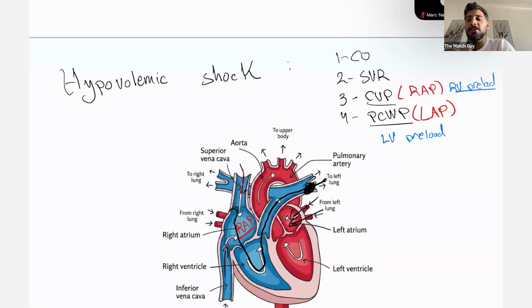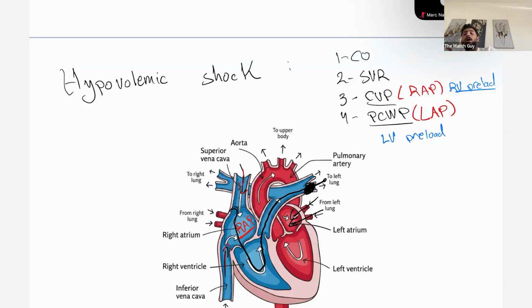Usually they move together, because the blood coming back to the right heart should be pumped through the lung and come back to the left heart, unless there is something that causes both of them to dissociate and to move opposite to each other, which is going to be in one unique case of shock, obstructive shock, that we're going to talk about later, along with all of the unique etiologies and causes of obstructive shock. But generally speaking, the central venous pressure and the pulmonary capillary wedge pressure, which are surrogates for the right ventricular preload and the left ventricular preload, should move together.